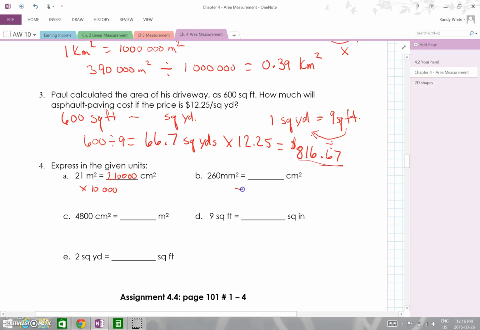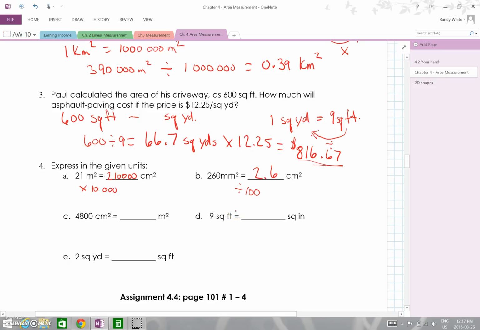So I'm going to divide that by 100, which is 2.6 centimeters squared. It kind of makes sense. 10 millimeters makes 1 centimeter, and 10 times 10 is 100.